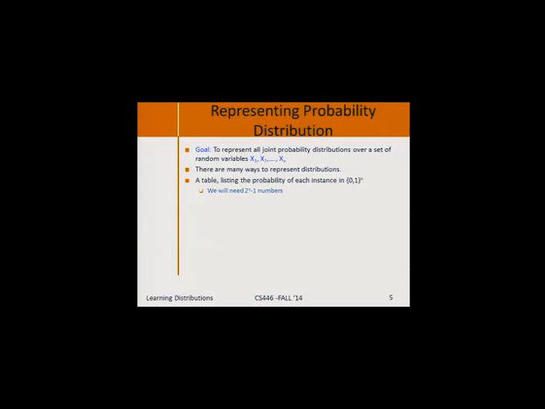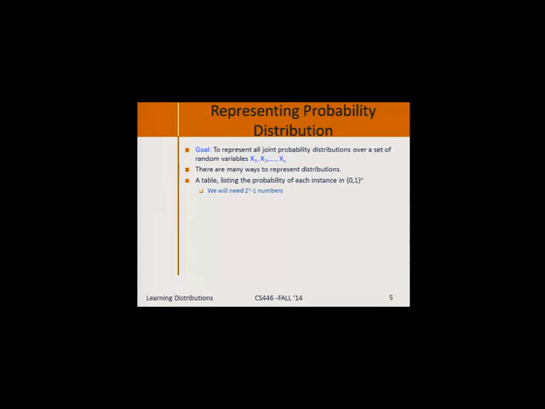That's the only thing we need, that it sums to 1. Only that for large n, this is not a feasible representation. You need 2 to the n minus 1 numbers, because they have to sum to 1. So the last one is a function of the 2 to the n minus 1 that I've written.